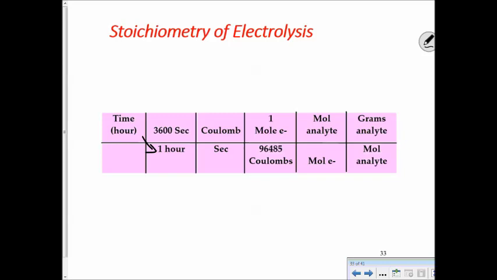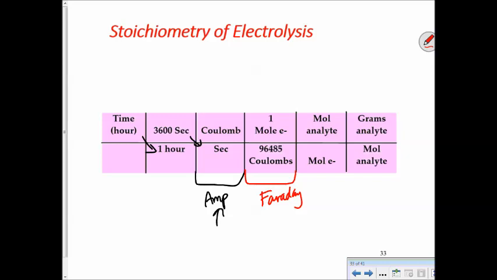So we go to seconds, we diagonal down the seconds so we can get to coulombs. This is where the amp part of the equation gets inserted, because amps are coulombs per second, right? Then this is where we use the Faraday part, where we're going to be able to change it from coulombs to moles of electrons.